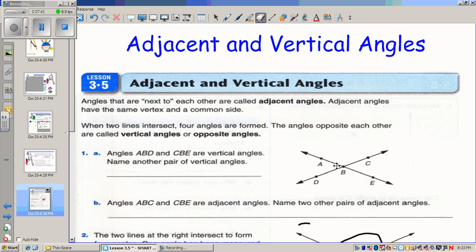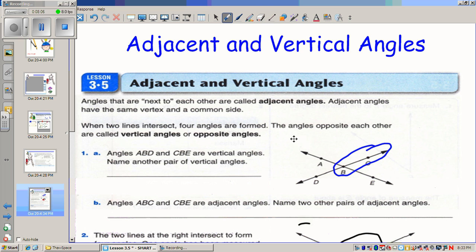So, for instance, when I look at this, I have angle ABC and angle CBE, and they share this side right here. They are not directly across from each other. They share a common side. ABC, CBE. So BC or CB is that common side that they share.